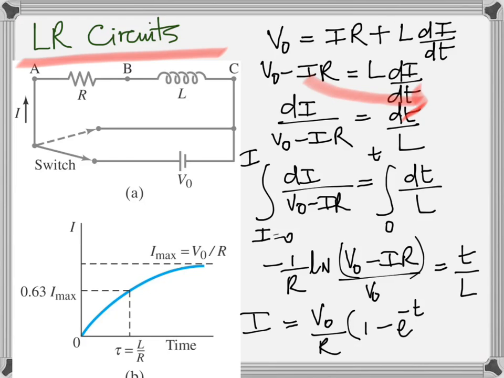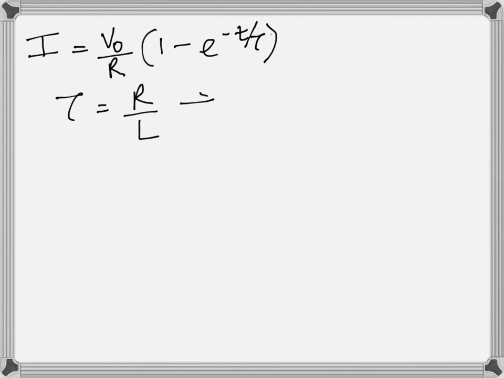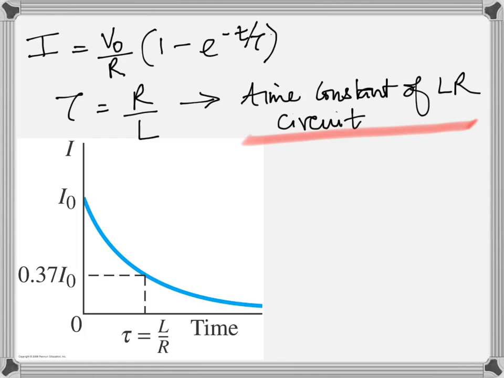So you get it of the form I is V naught by R times 1 minus e raised to minus t by (L by R), which means the time constant is L by R for an LR circuit. And the maximum current is of course V naught by R. Okay, so the time constant is L by R. That shows the decay of current given by a similar formula, except that the one factor is missing.